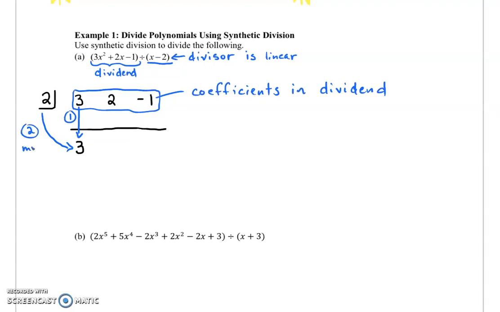The second thing we do is we multiply whatever's in our box by whatever coefficient we just brought straight down. So 2 times 3 is 6. We write that under the 2. So the answer goes here, this is number 3, and that is our answer from step 2.